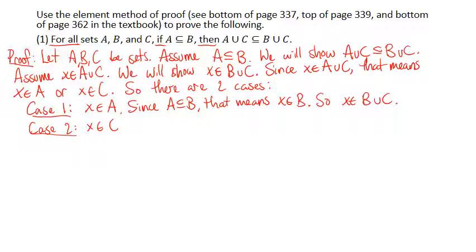We showed that X was an element of B union C. So now let's look at the second case. So if X is an element of C, then we just directly have that X is an element of B union C, because B union C includes everything that's in, or sorry, in C.